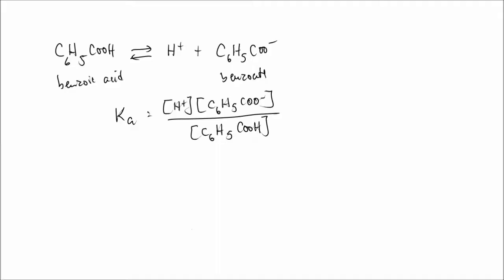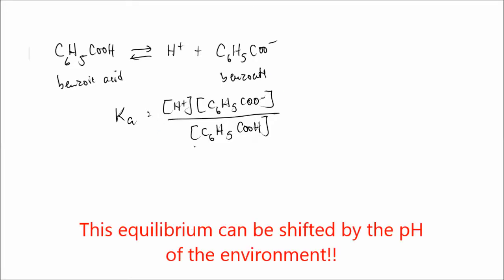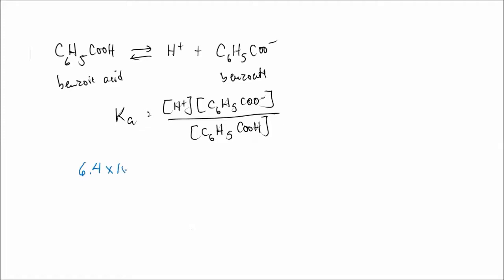Here's a mathematical approach to assessing the equilibrium between benzoic acid and benzoate. This should all make sense to you, what's on screen. Now I'll start putting in some numbers. Ka for benzoic acid is on the yellow page. Let's imagine we're at pH 4, which would be like the salsa, low pH.